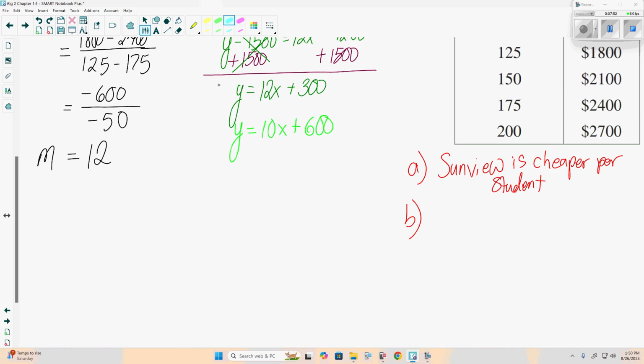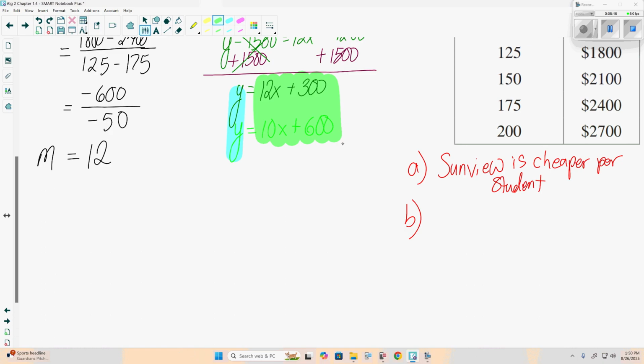X or Y, which one represents the total cost for each of these venues? Y does, yes? So if we're wanting to know when the total cost is going to be the same, we want to know when the Y's are going to be the same, yes? And if the Y values are the same, it means we need to set these two sides of the equation equal to each other.